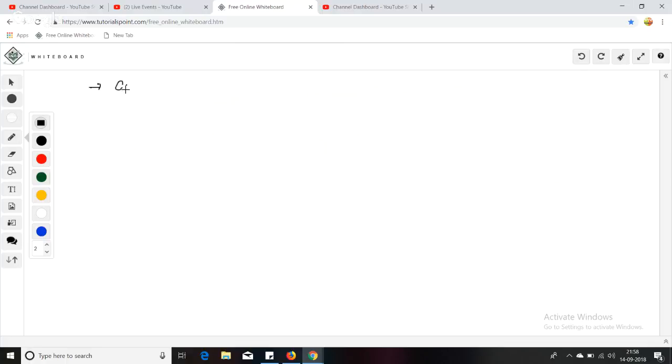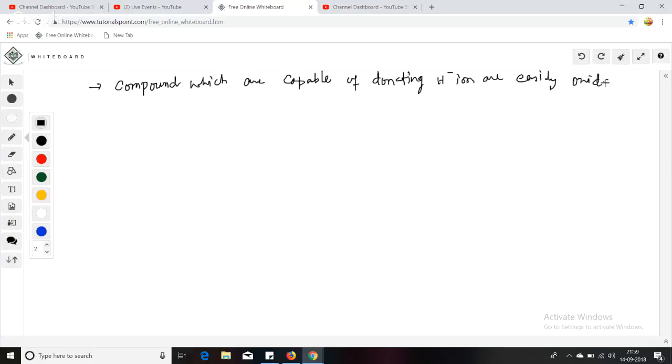So just write down the logic: in the cross Cannizzaro reaction, compounds which are capable of donating hydride ion, H minus ion, are easily oxidizable.